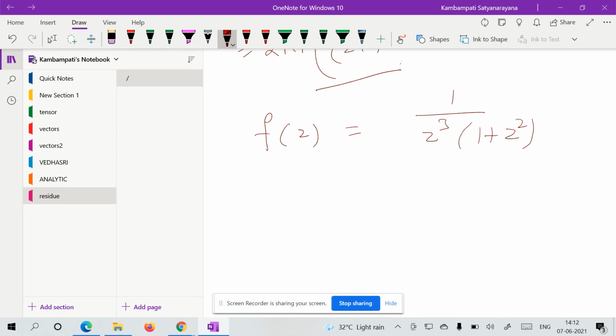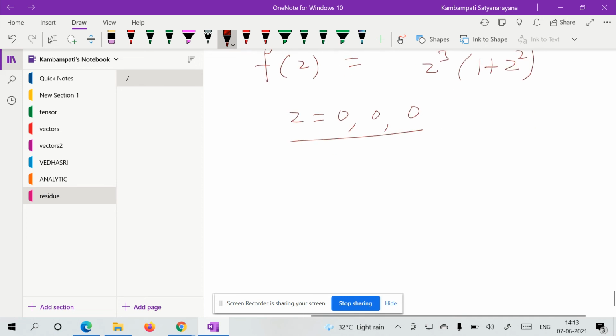For z equal to 0, the factor is repeated three times, so that's why we have applied that formula. Now 1 plus z square equal to 0 gives z equal to plus or minus i, minus i and plus i. So we have to find the residue at minus i and plus i separately.